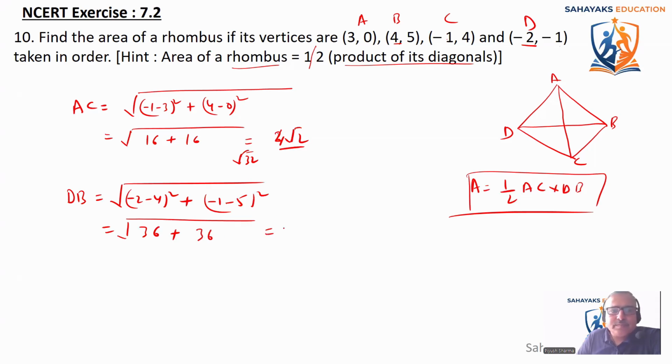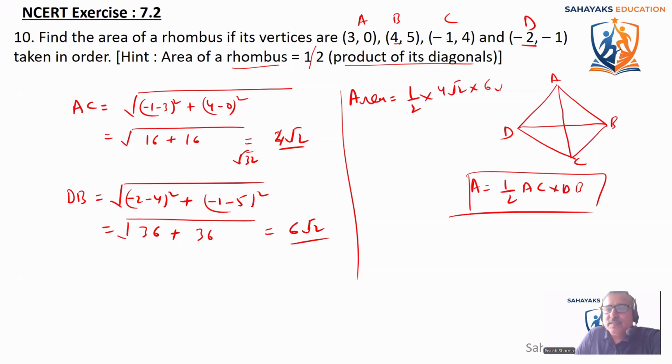So it becomes 6 root 2. So now we know AC is equal to 4 root 2 and DB is equal to 6 root 2. And we know area is equal to half into AC into DB. So let's put the value: 4 root 2 into 6 root 2. Now root 2 into root 2 is 2 and it will cancel out. So area comes out to be 24 square units.